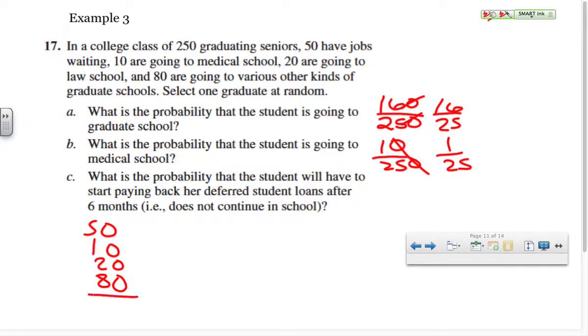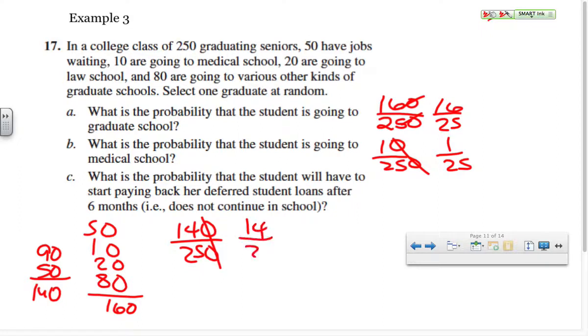I messed up somewhere. But this is 160 total. So there's actually 90 students that don't have anything. So I have 90 who don't have anything, plus those that are starting to get jobs. So 90 plus 50 is 140. So it's 140 out of 250, 14 over 25 for C.